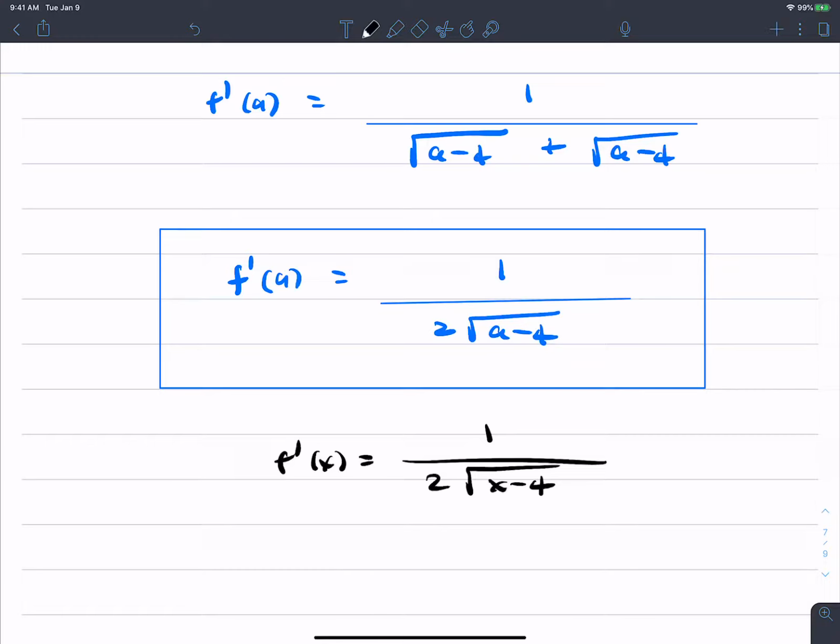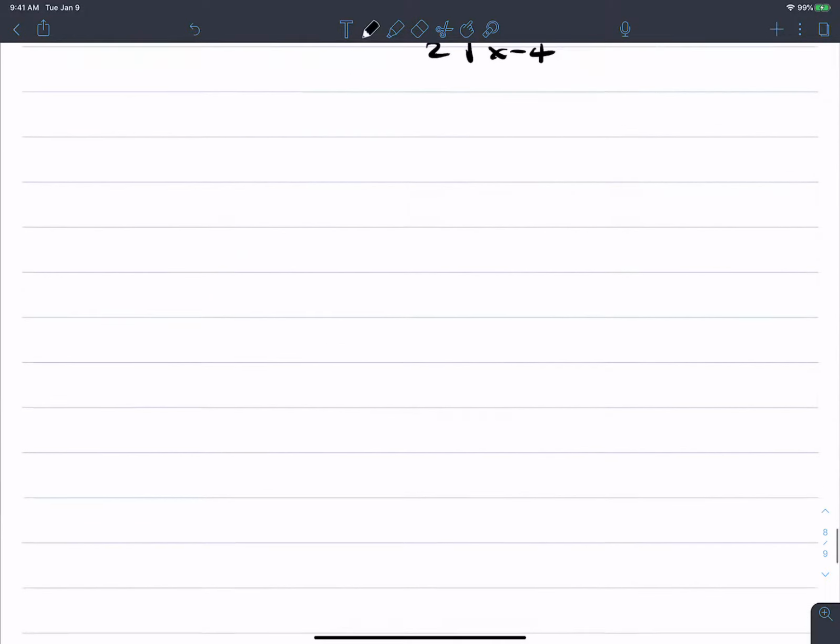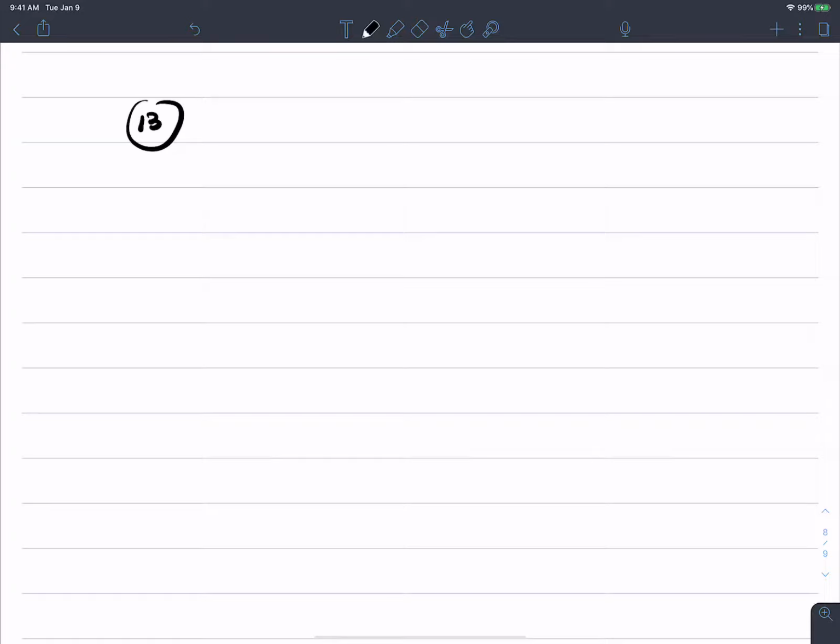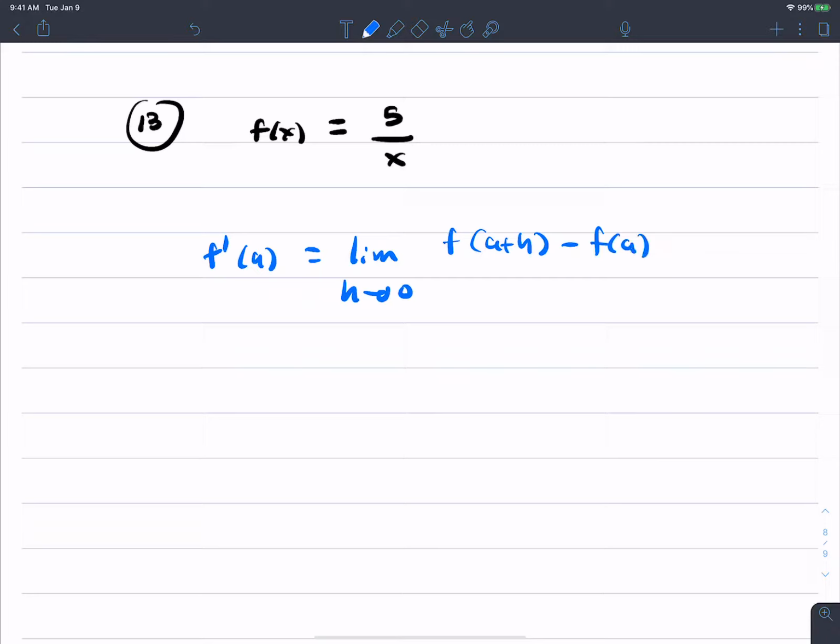All right, let's see where we're at now. I guess that brings us to 13. Okay, so 13, f of x is 5 over x. So f prime a is the limit as h goes to 0 of f of a plus h minus f of a, everything over h.